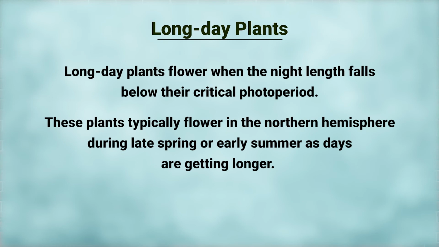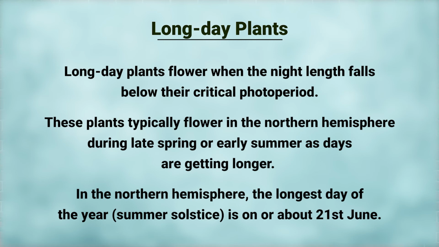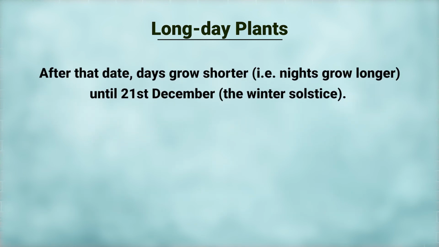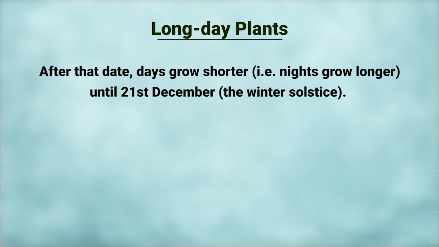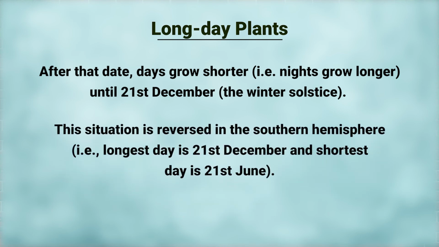These plants typically flower in the northern hemisphere during late spring or early summer as days are getting longer. In the northern hemisphere, the longest day of the year is about 21st June. After that day, days grow shorter until 21st December. This situation is reversed in the southern hemisphere.